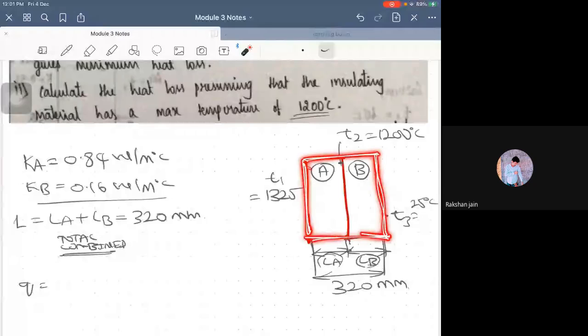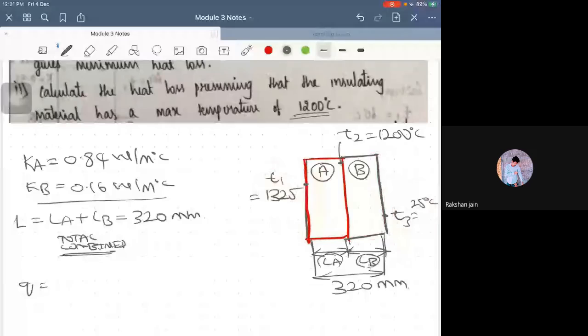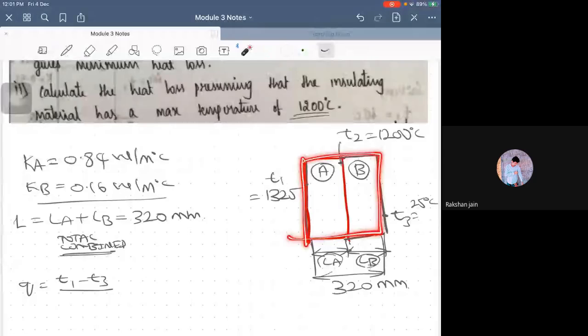Correct? Am I right? Yes, sir. So the temperature difference for the whole thing is T1 minus T3, divided by how many resistances are there when you consider the whole of this block.